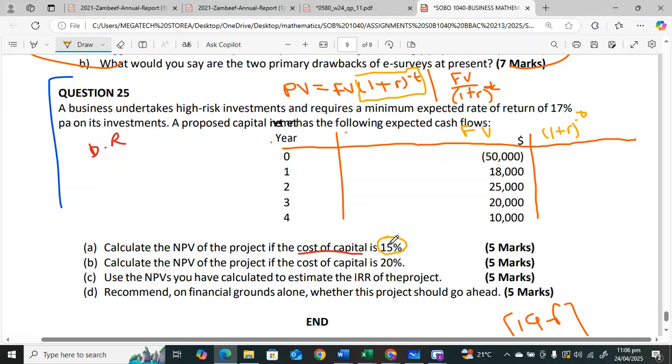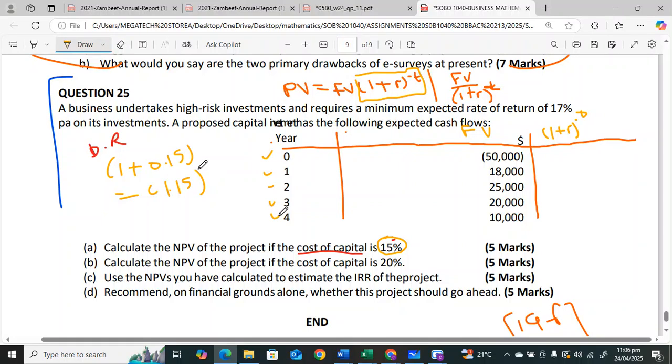So this 15%, here it will be 1 plus r, you just substitute it with 15%. 15% in decimal form is 0.15. So 1 plus 0.15 is 1.15. So this discount factor is going to be applied throughout year 1, year 2, year 3.